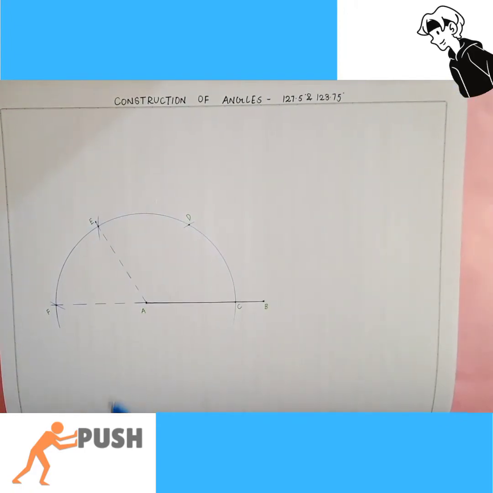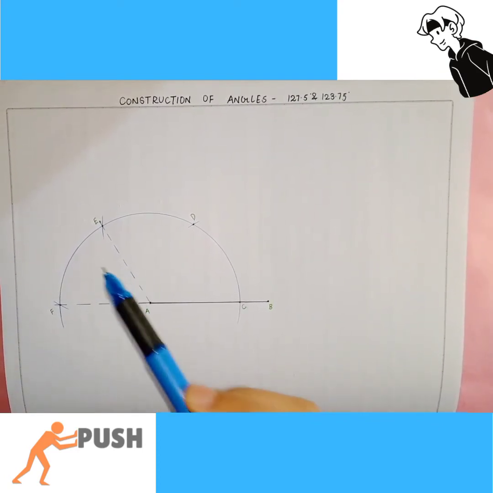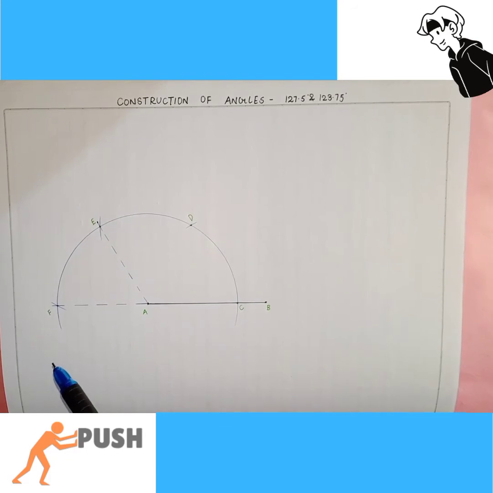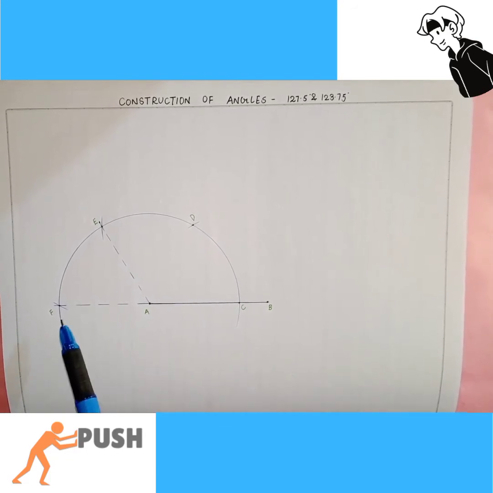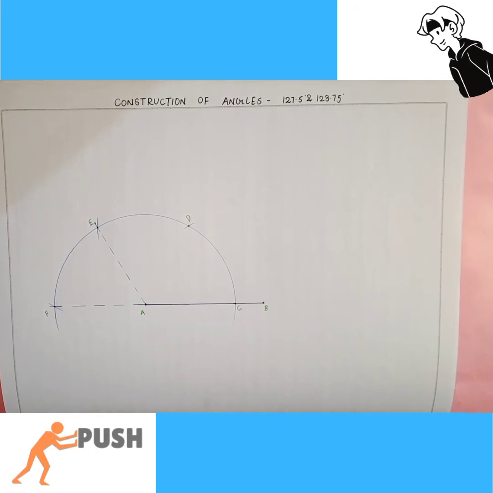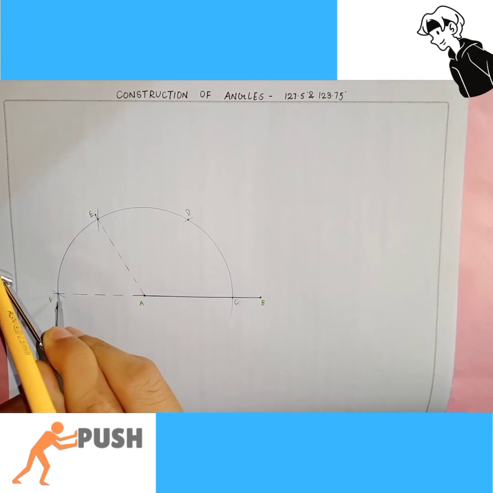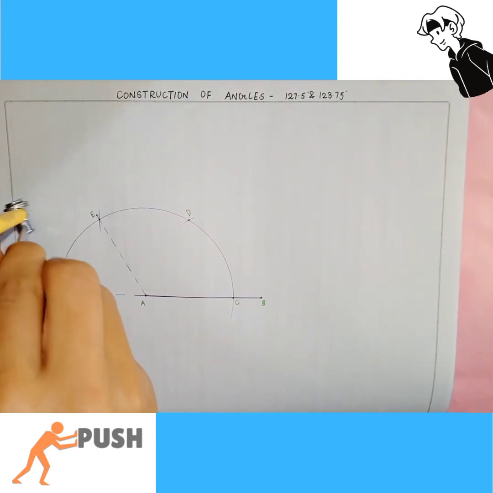Now we'll bisect these two, that is angle EAF, and we'll bisect this and this. So let's keep the compass point here and draw an arc.